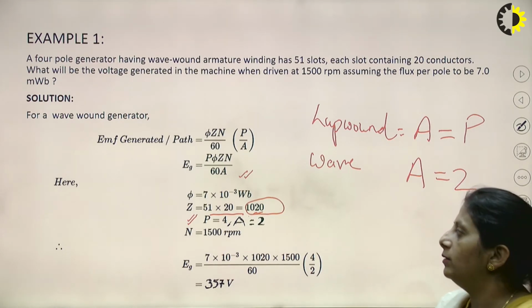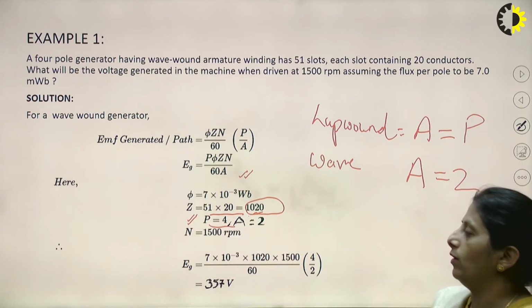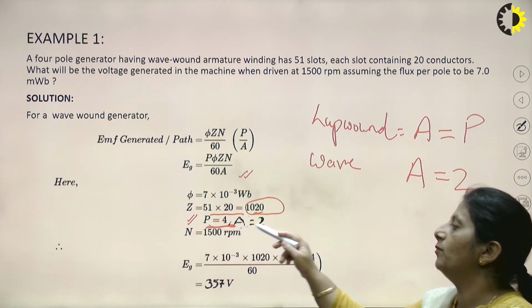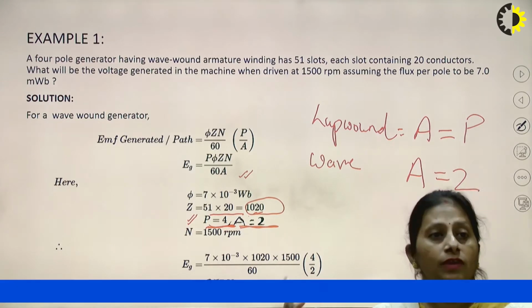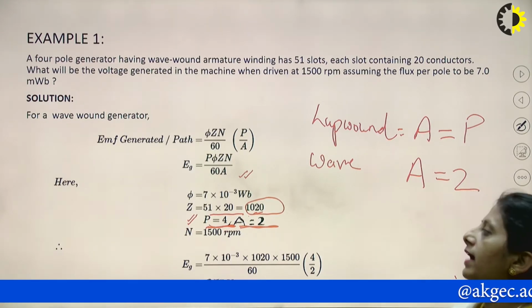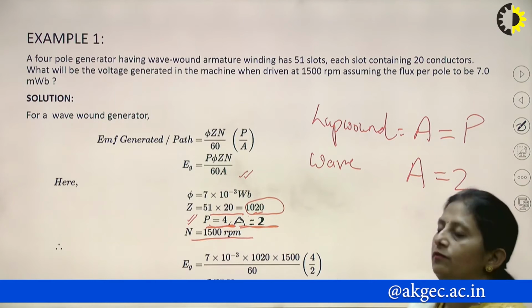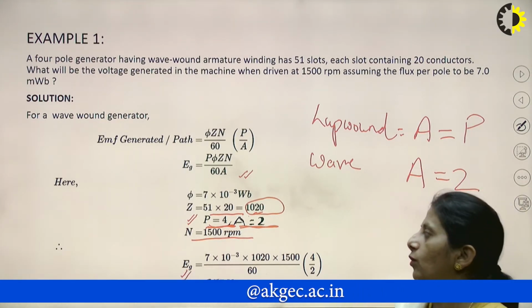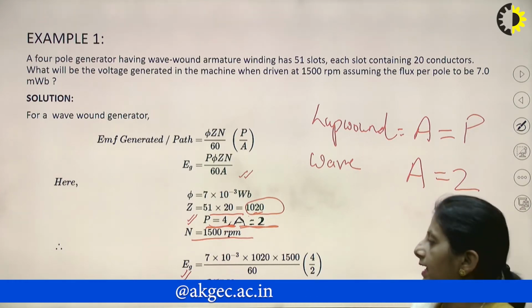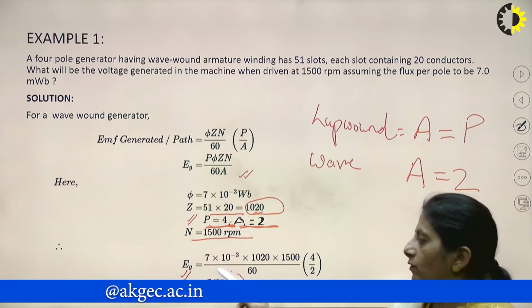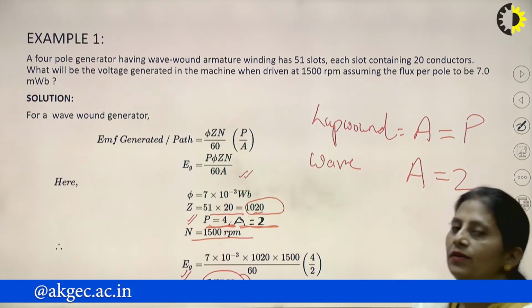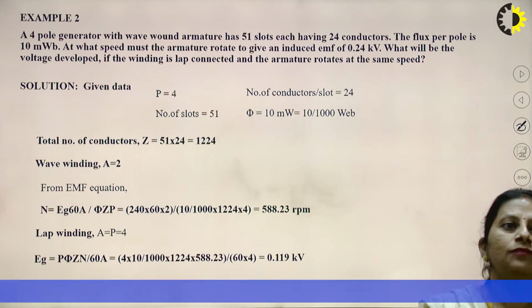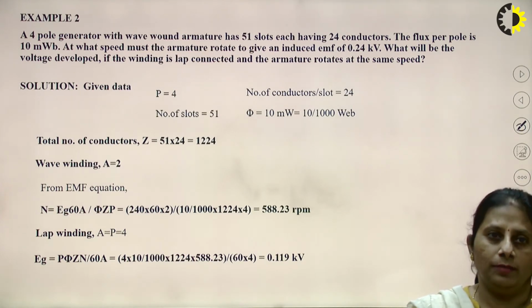Now the number of poles is 4, the number of parallel paths is 2, as it is a wave wound generator, right. And the speed given to us is 1500 rpm, right. So just substituting the values in phi p n z by 60A, we get the EMF induced as 357 volts.